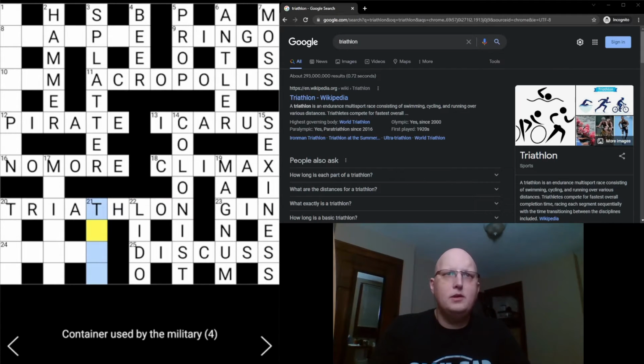Container used by the military. So I wonder if somewhere in the military is some combination of letters that are the name of a container. Tin. A tin is a container.